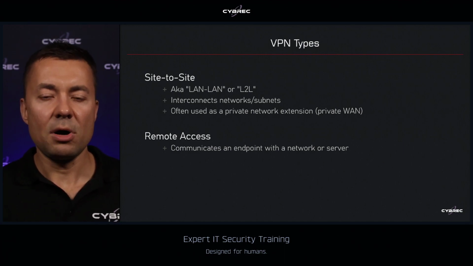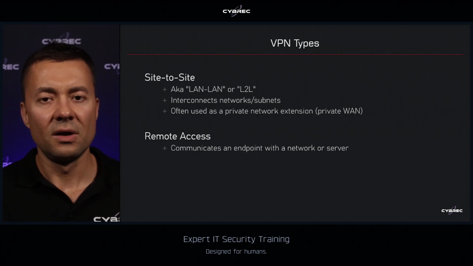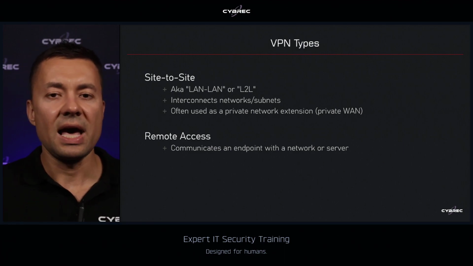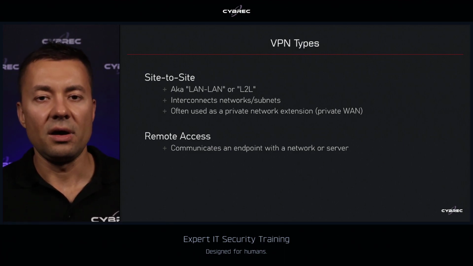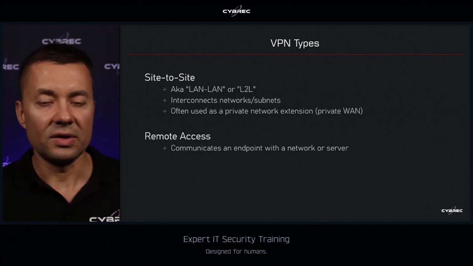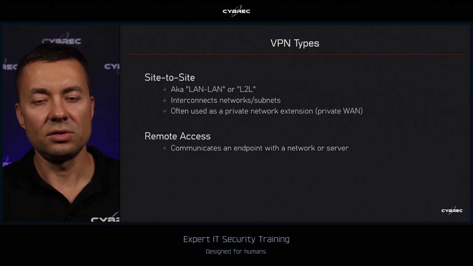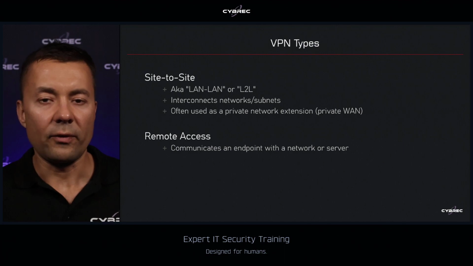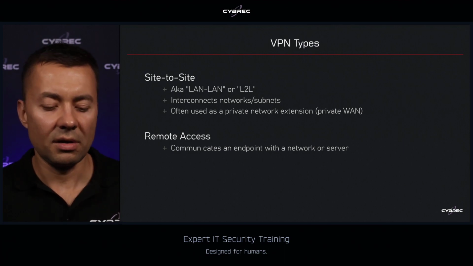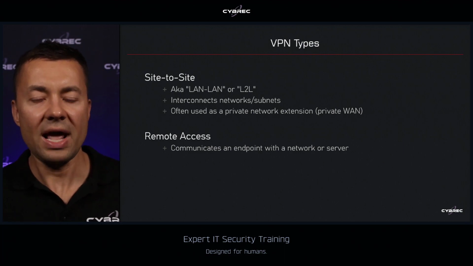Specifically, with remote access, in a typical scenario, there is going to be just one device that wants to connect to the network on the other side of the organization, or to some portion of it, across also typically a public backbone, the internet. Just one device which is going to act as our endpoint.